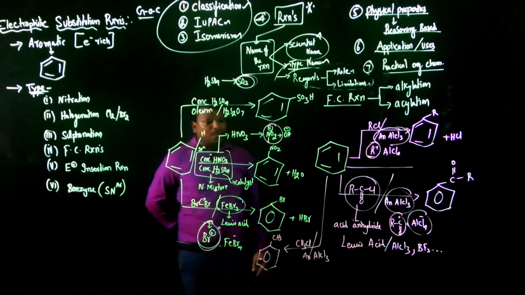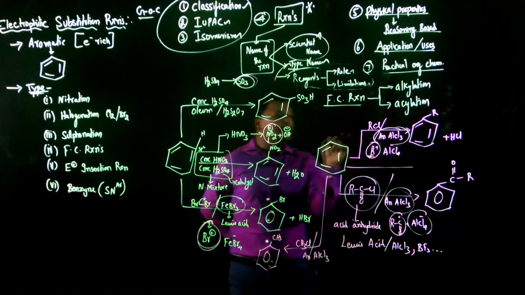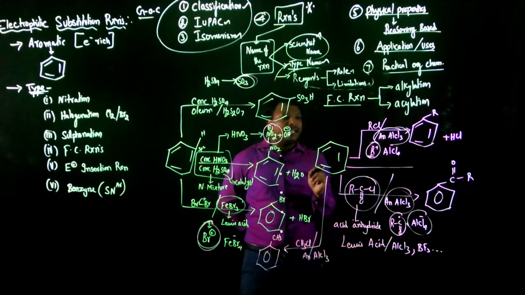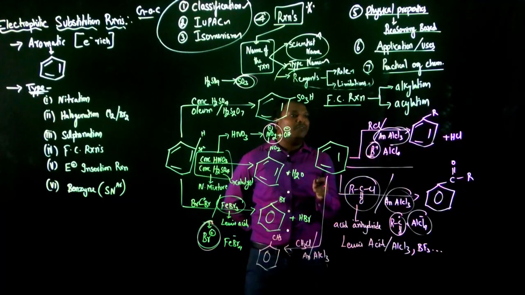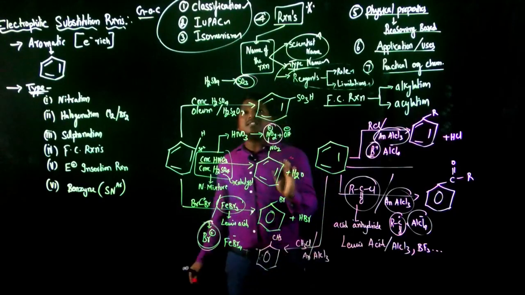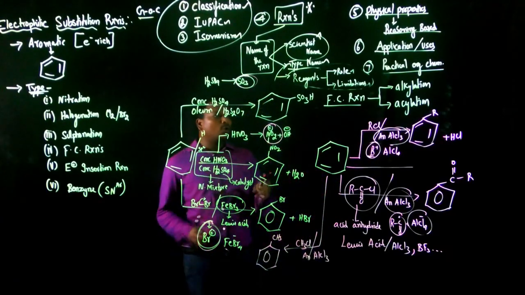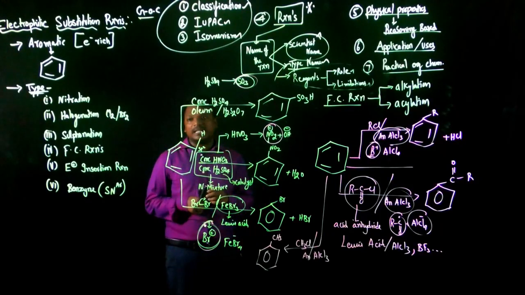Now instead of this normal or simple alkyl, we are going to take some complicated alkyl group and we are going to discuss what are the important products being formed. That is going to be very important for your competitive examination. Just now you can copy down this. I'll give you 2 minutes time and we will go and discuss in depth with Friedel-Crafts reaction.